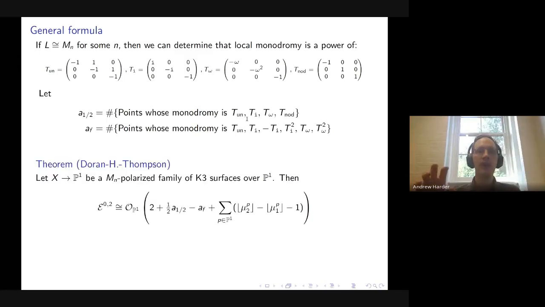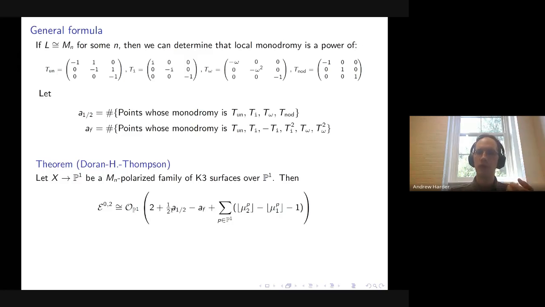And so the main theorem that we have is that if we have an M_n-polarized family of K3 surfaces over P1, then E^{0,2} is equal to O_{P1} of whatever this thing is. So, right, so let's just break down this equation. This somehow corresponds to some canonical bundle piece.